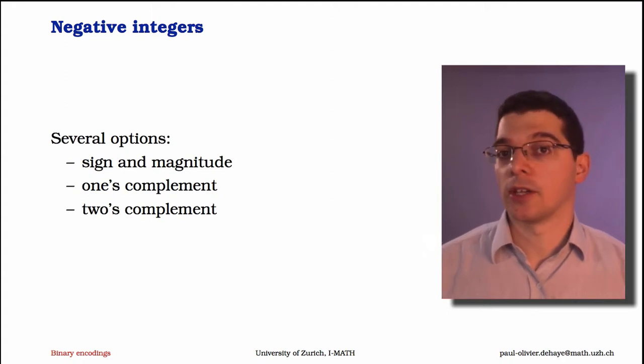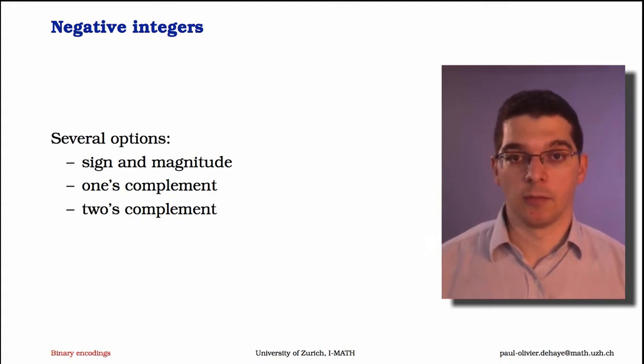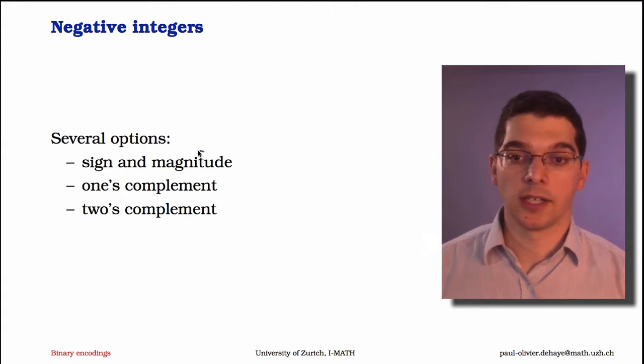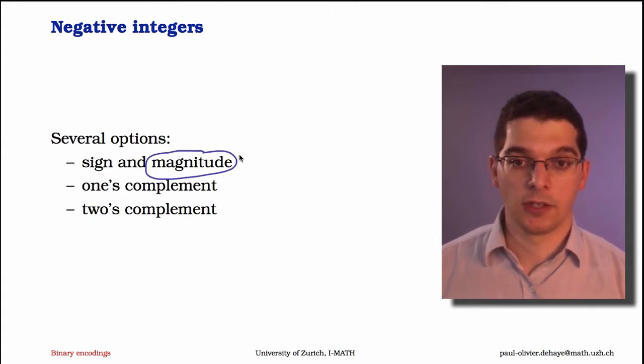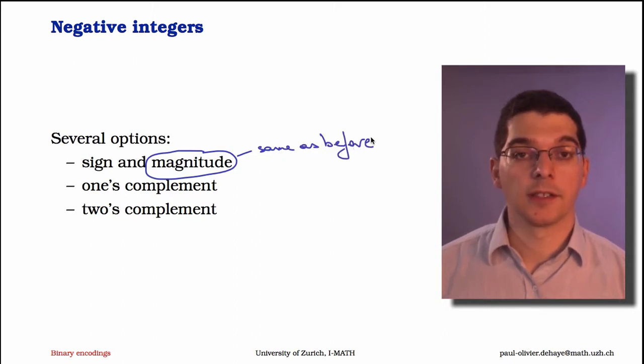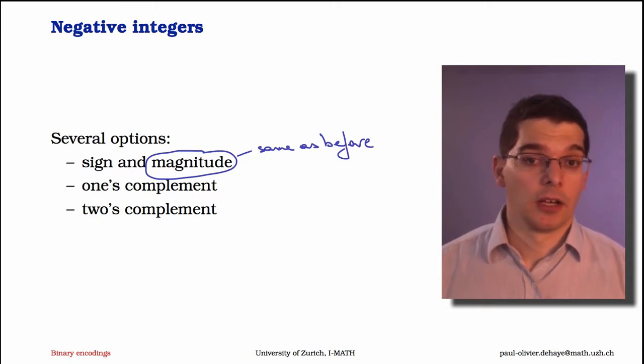But as soon as you start looking also at the negative integers, things become more complicated. The first option you have is to think, well, a negative integer is just an integer with a sign. So I'll decide to use the same encoding that we just saw for the magnitude, and then to use another bit to represent whether this sign is positive or negative. Okay, this would work.